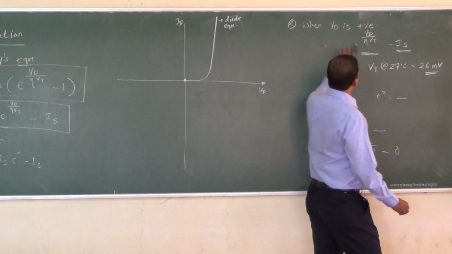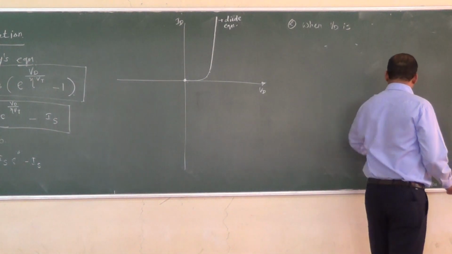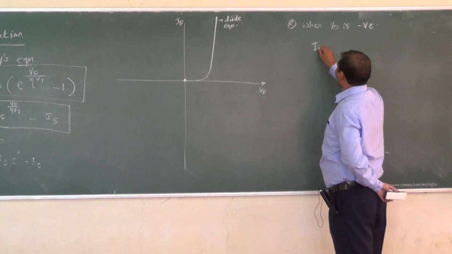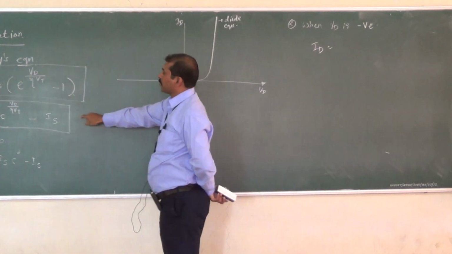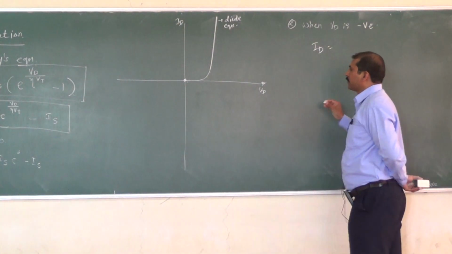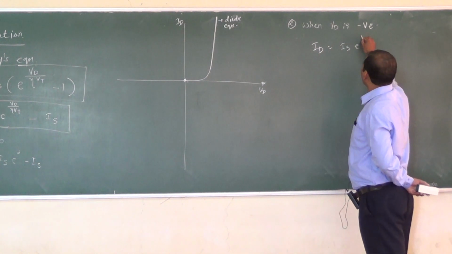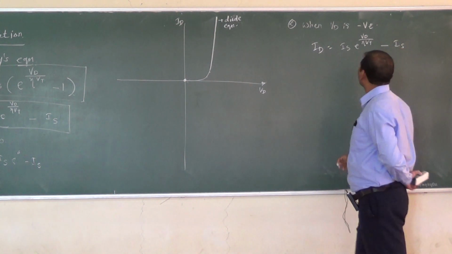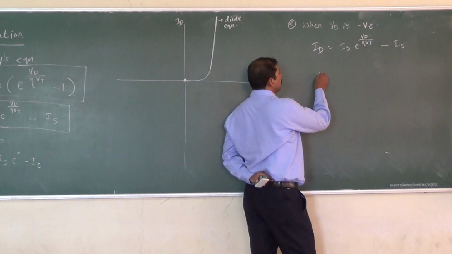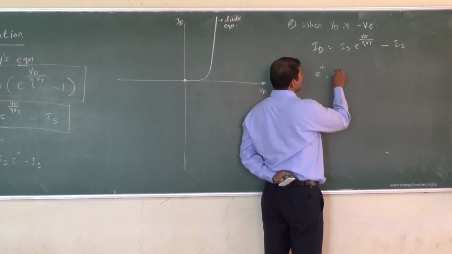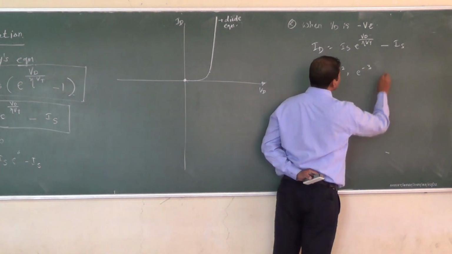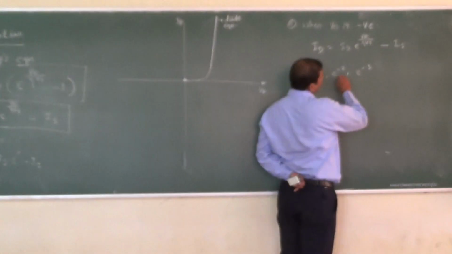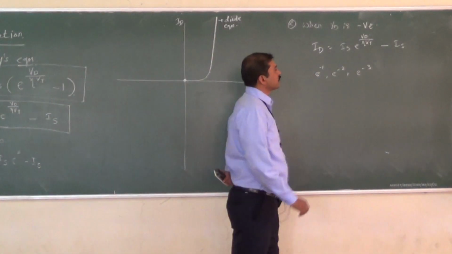In the equation ID is equal to Is e raised to power Vd upon eta Vt, Vd is negative, so we get e raised to power minus 1, minus 2, minus 3, because we have seen that reverse voltages are large, in terms of minus 5, minus 10, minus 20 like that.